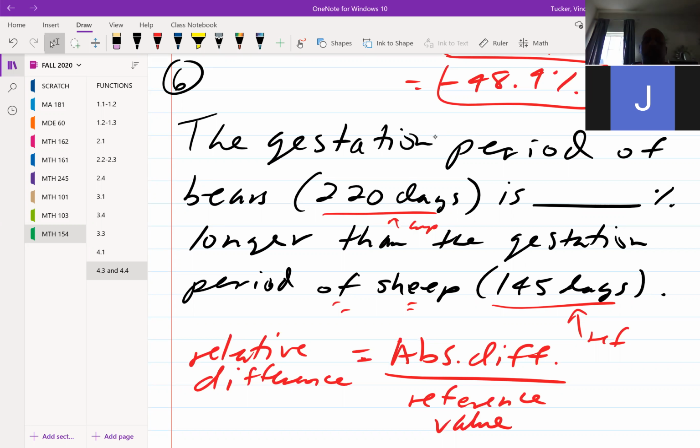The way we will find our relative difference is that we will take the absolute difference and place it over our reference value.